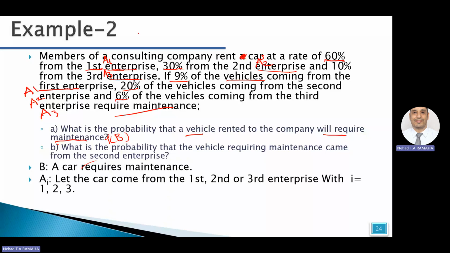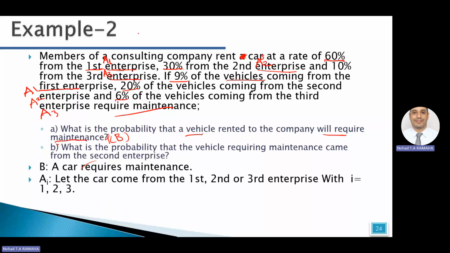You remember the rule that we saw from here? This one that we need to calculate. You remember how to calculate this one? It's with the summation of probability of B given A, yes.